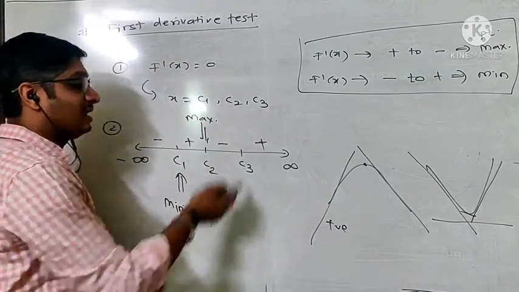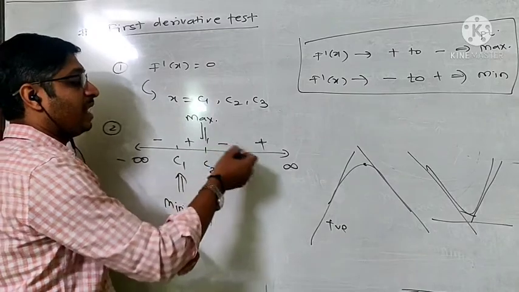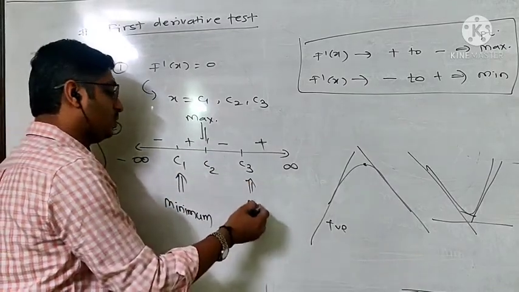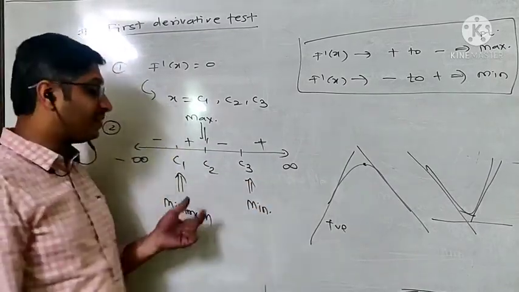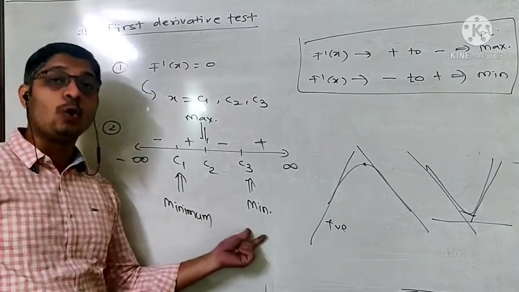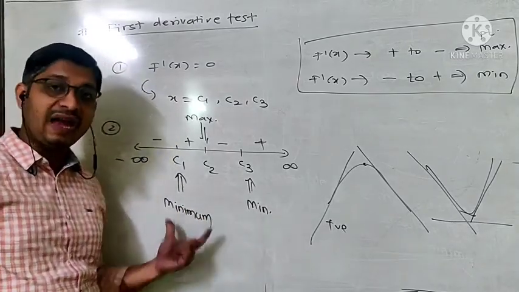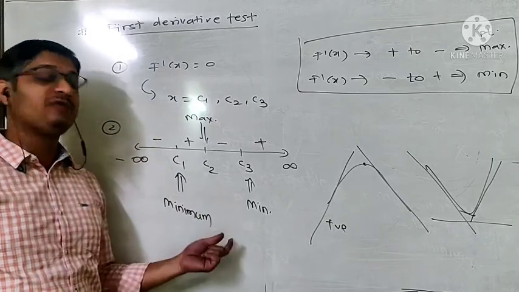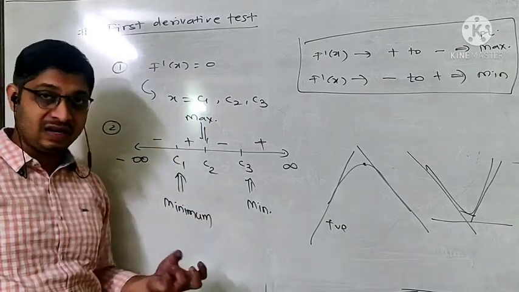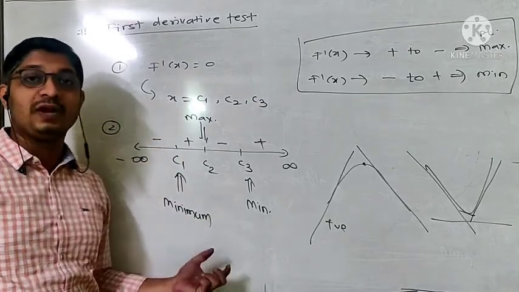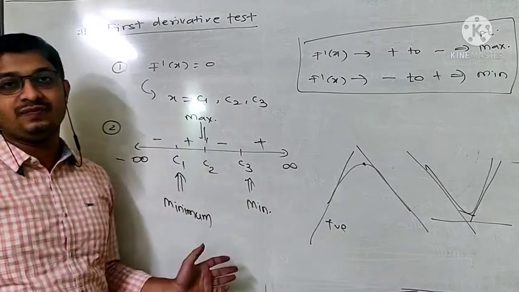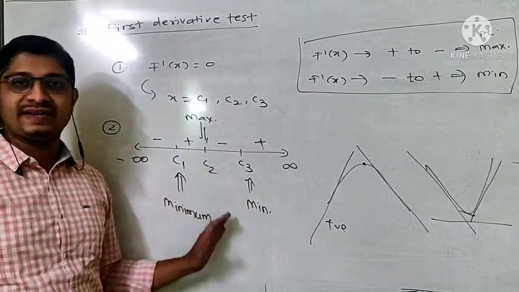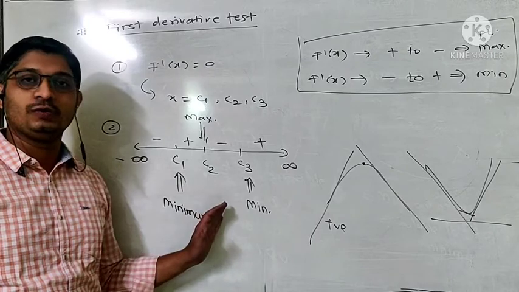And again here, at C3 it changes from minus to plus, so this will be the minimum value. That means these are my two local minima. And out of these two, the one giving the least value will be known as the global minimum. Okay, that's it. That's the simple method we are going to use.